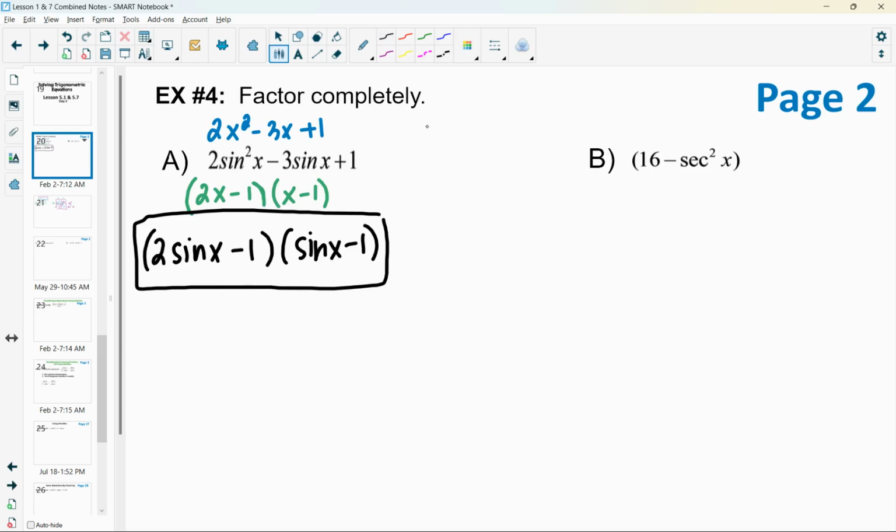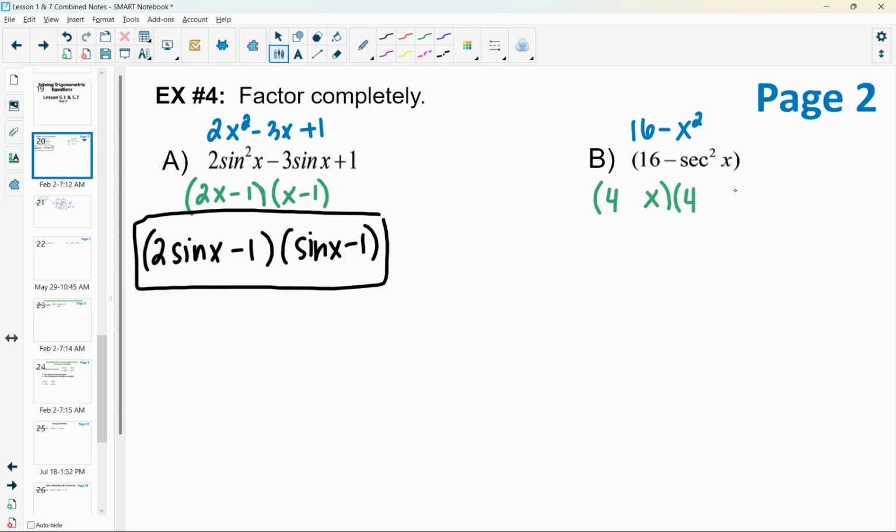This next one is a difference of squares. So again, if you want to rewrite this without the trig in it, you could look at this as 16 minus x squared. And then you see that both 16 and x squared are perfect squares. So when you factor this, okay, the square root of 16 is 4, and the square root of x squared is x.